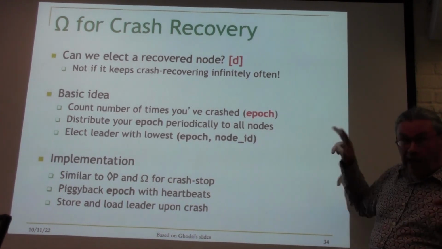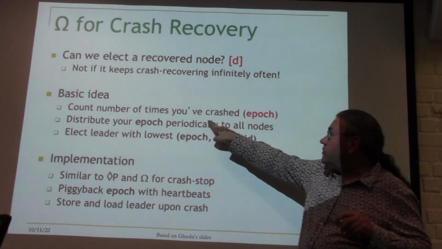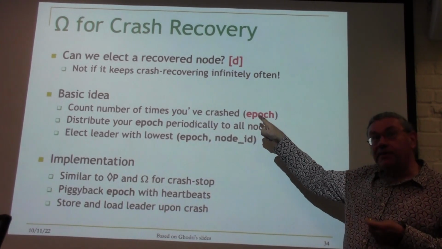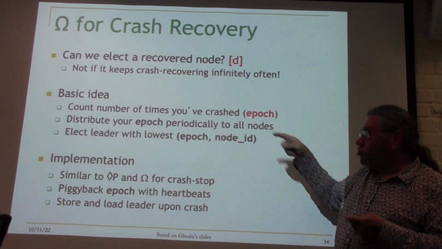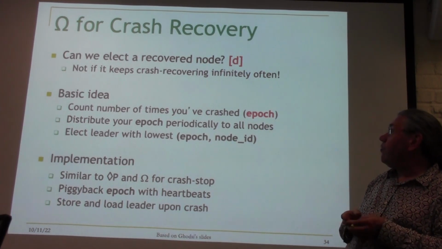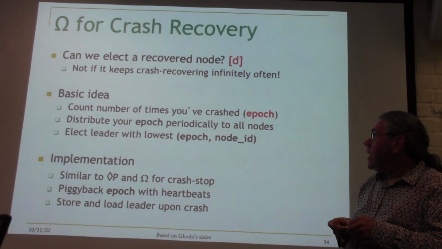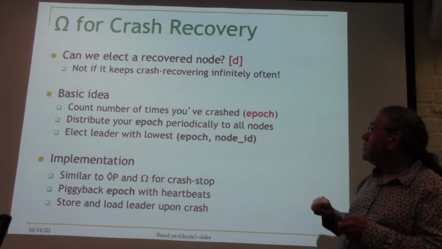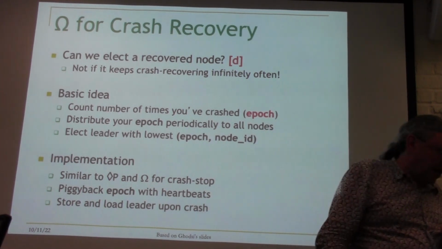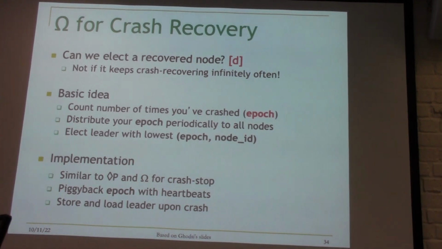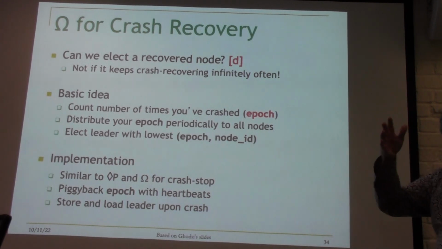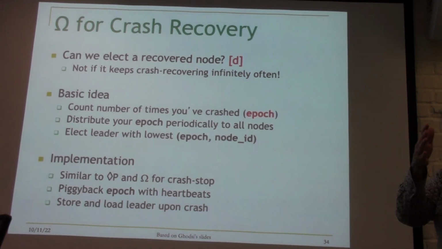And the way to fix that is to count the number of times it's crashed. That's a funny thing, the node knows how many times it's crashed. And it's the epoch. This is called the epoch. And this is a very common technique where the algorithms divide the time into epochs, where some major thing happens to go from one epoch to the next.